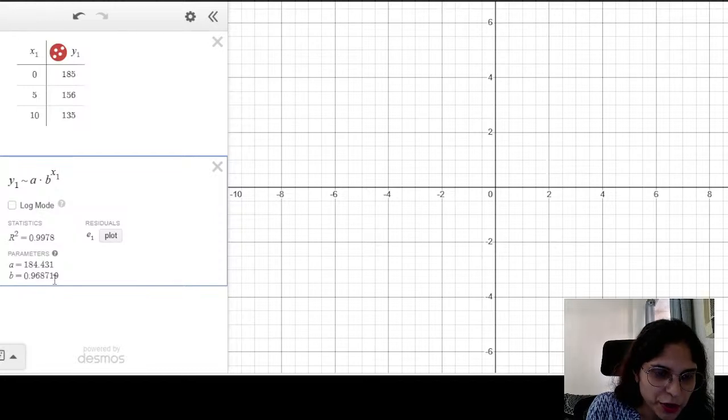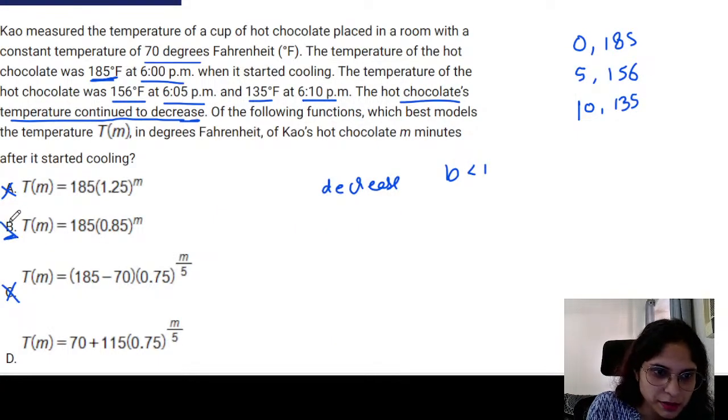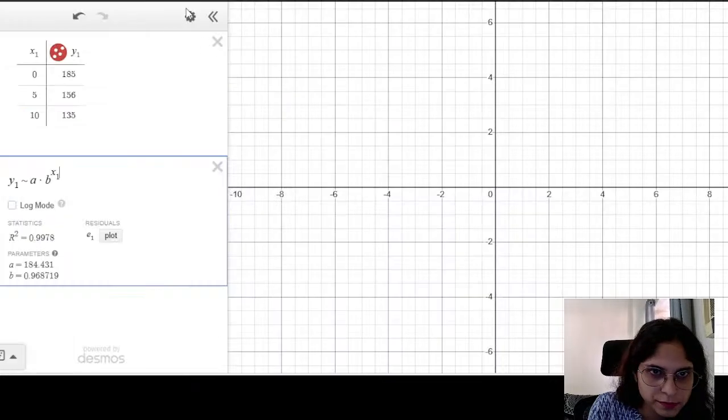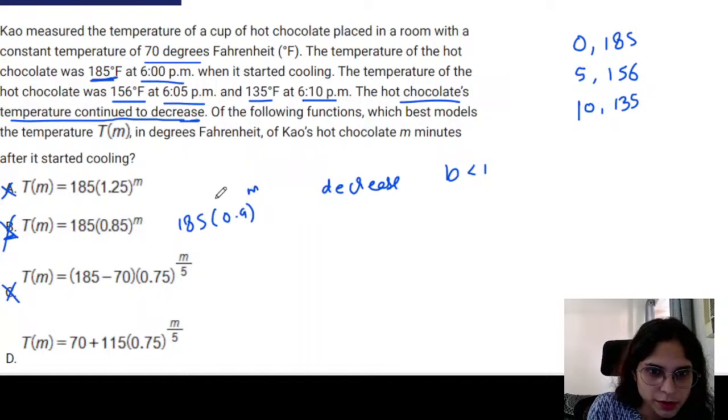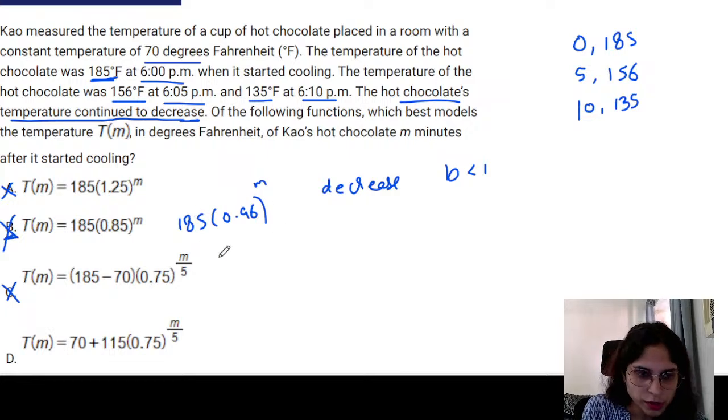Your B is 0.96 if you take this formula. So it can't be B. Because you're not getting 0.85, you're getting 185 times 0.9 to the power m, 0.96 in fact. I'm sorry, I'm going to some other model here. So this is not going to work, right?